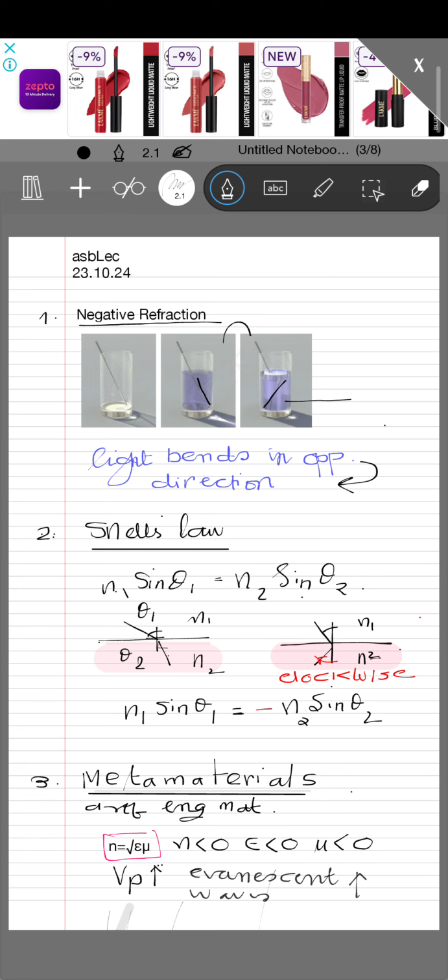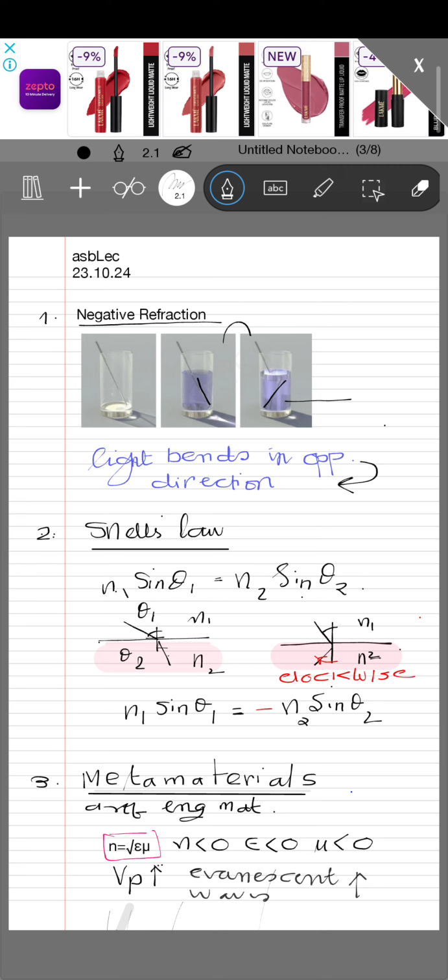So it indicates that the angle which we were calculating from the normal in the conventional anti-clockwise direction, in this case we need to calculate the second angle in the clockwise direction. So the angle is getting reversed, and that's how this negative sign comes into this equation, and also we are getting these sorts of effects.